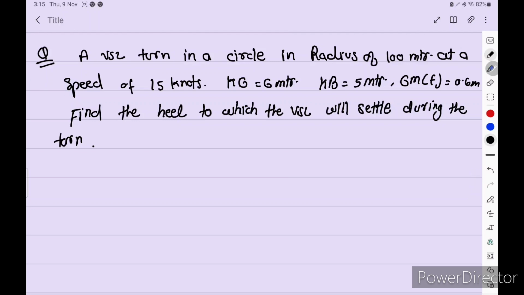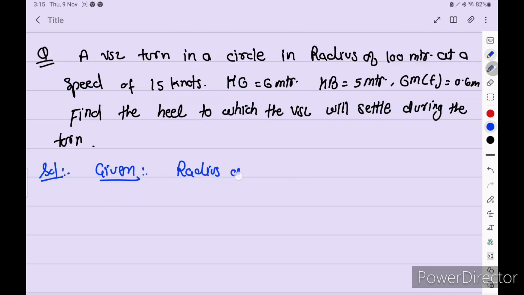So our first question is, a vessel turns in a circle of radius 100 meter at a speed of 15 knots. KG is 6 meter, KB is 5 meter, metacentric height fluid is 0.6 meter. Find the heel to which the vessel will settle during the turn. Okay, so solution. What is given in the question? We have to write it first.